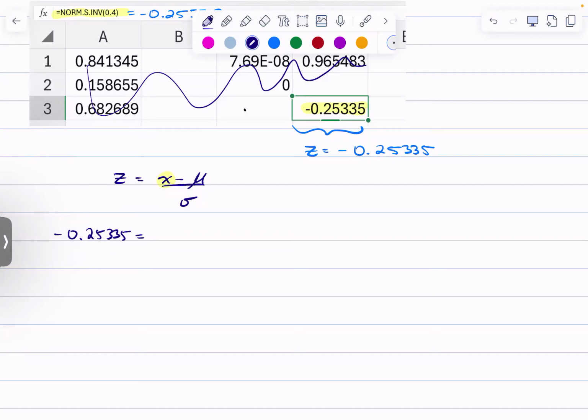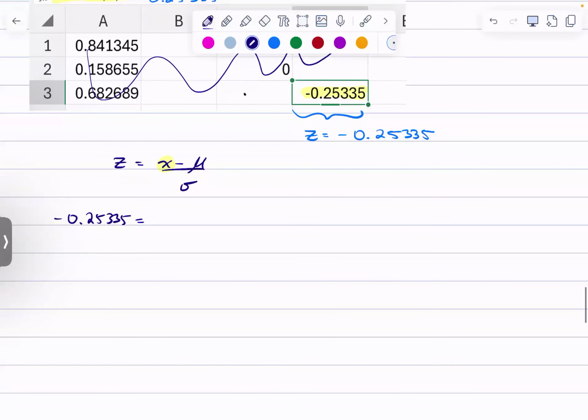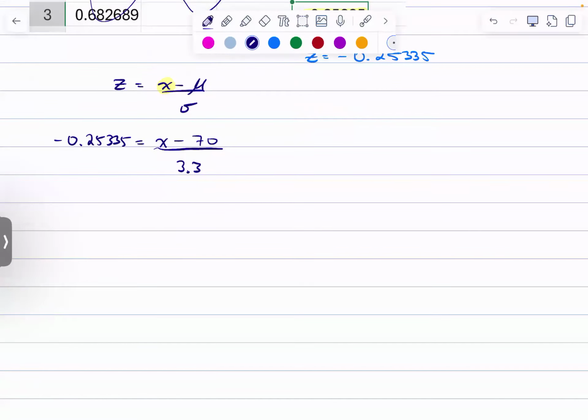Well, that means I can multiply it by 3.3 to find the standard deviations, right? And then add it to the mean. So I get x minus 70 divided by 3.3. This just becomes an exercise in algebra, right? Multiply by 3.3 and then add 70. I'll do it nice and slow.